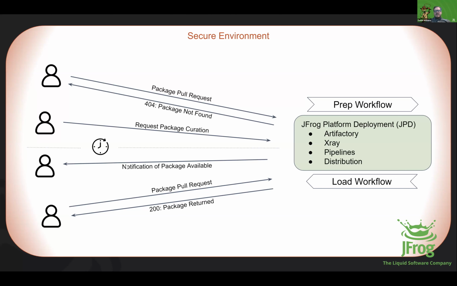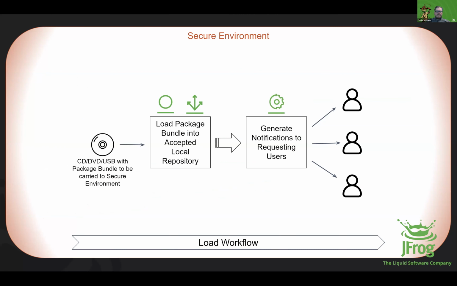And then they would get some sort of notification back, some sort of response to that initial request. And then they would be able to go pull that package, and that package is available. And that, other than the time wait, is a really simple experience for the developer. And it's very automatable, other than physically carrying through, a man trap or something like that. It's completely automatable through the JPD.